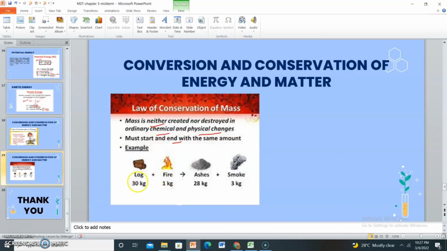For example, log na 30 kg, tas fire, ang log magiging ash, magiging abo, mabawasan siya into 28 kg plus smoke and fire. That's the law of conservation of mass.